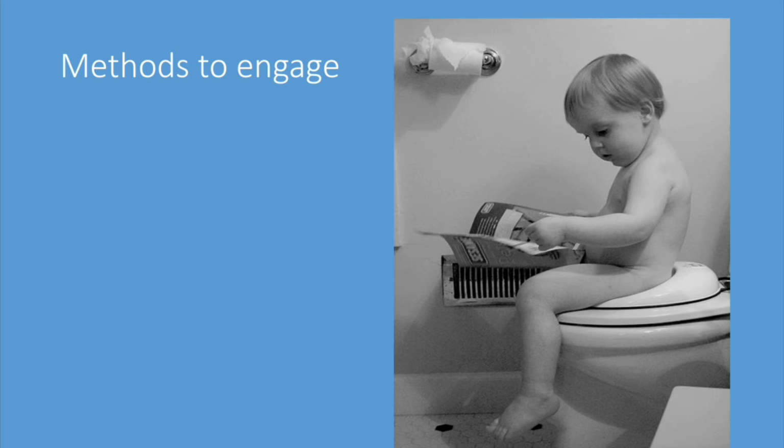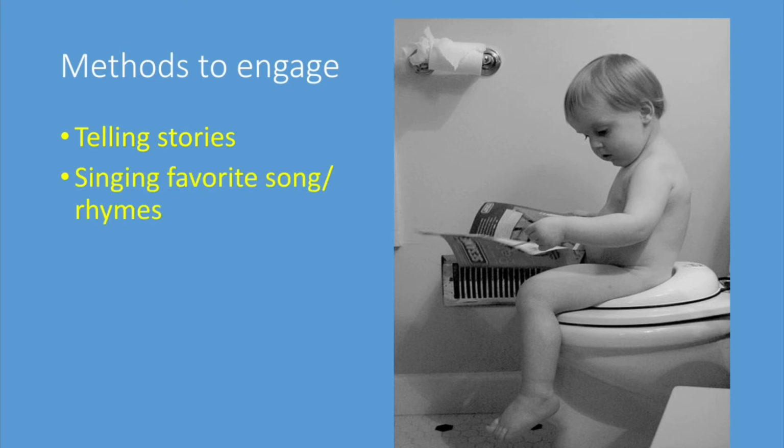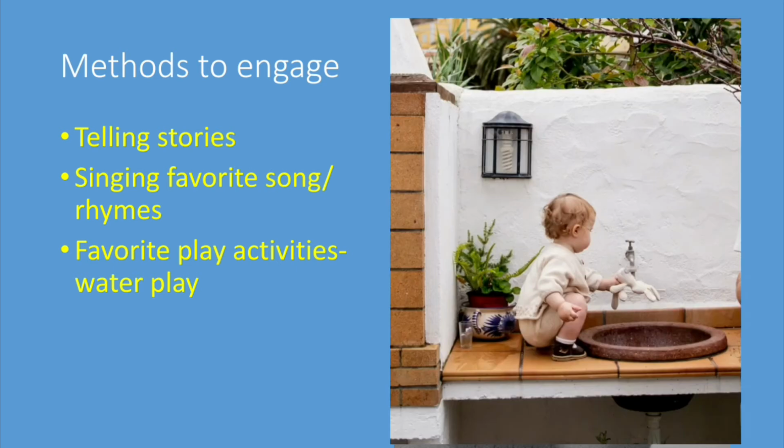A few things include storytelling, or a picture book for the child to go through or turn pages. Rhymes or singing a favorite song can keep the child engaged and help the child sit for a long time. We can even use favorite play activities like water play or finger painting, or anything that the child likes.